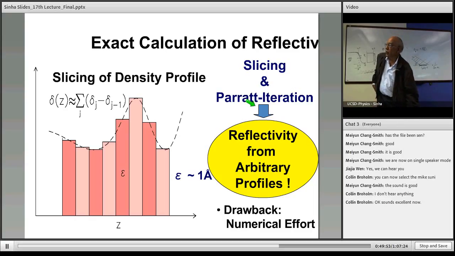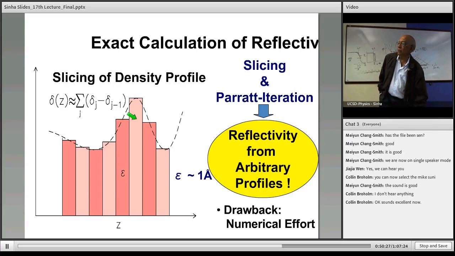Okay, so if you've got some arbitrary profile, like this, let's say, one way you can represent this is as a stack of slices. Maybe you can choose them to be all of the same thickness for convenience, but you have to give them different heights, scattering length densities. So it's like a histogram of the actual curve.